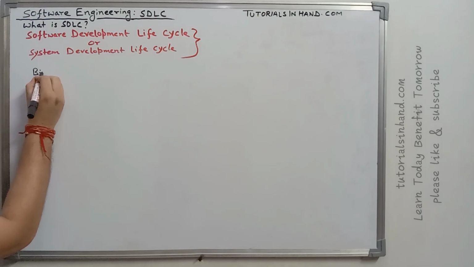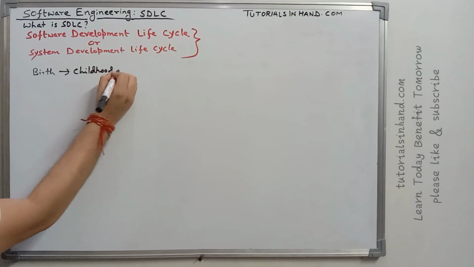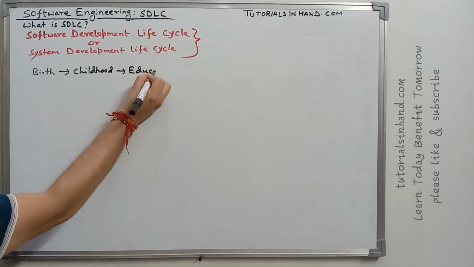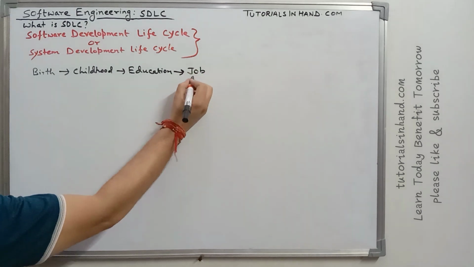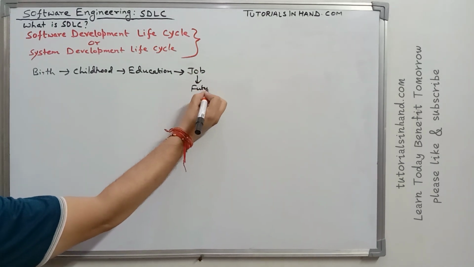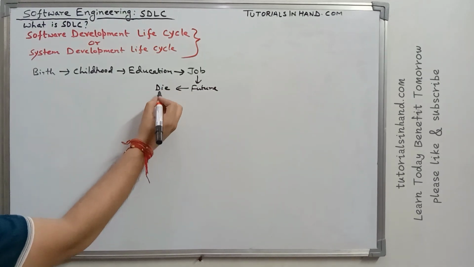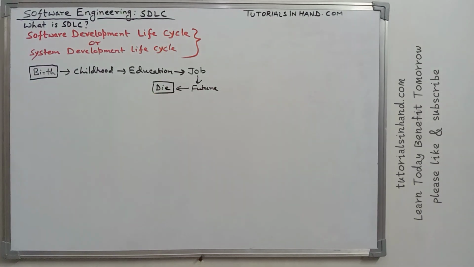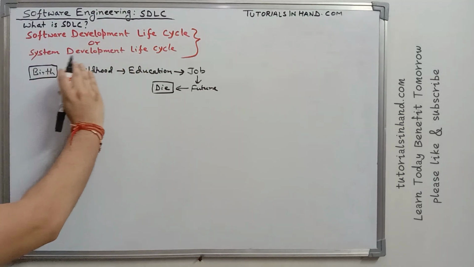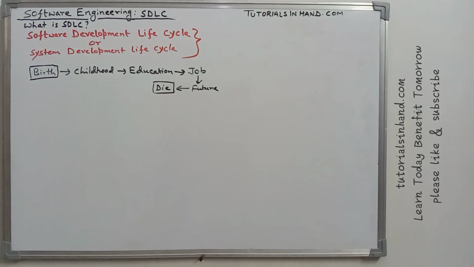First is birth, childhood, then we go through education, we complete our degrees and then start a job, we create our future based on our aspirations, then at the end we all die, that is, we retire from life. So this is how we can identify the series of identifiable steps that a human goes through in his life cycle. This can be understood as the life cycle process of a human being.